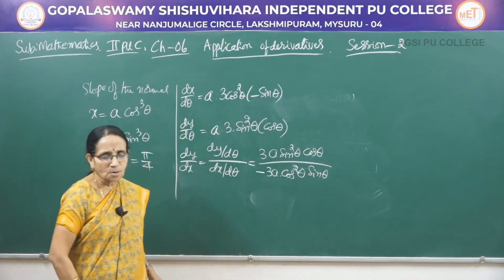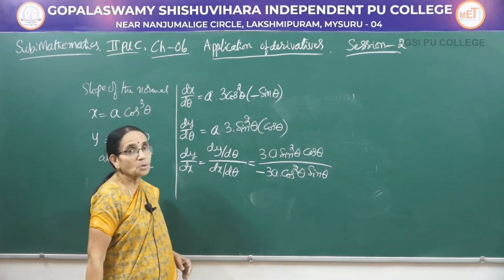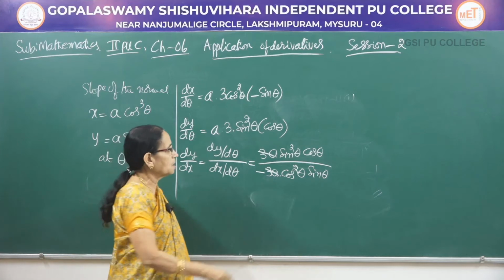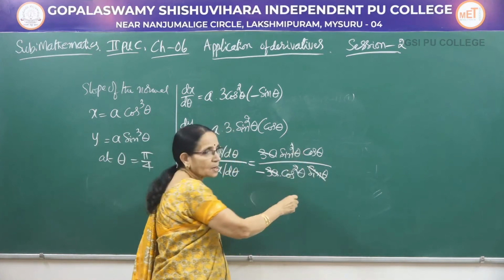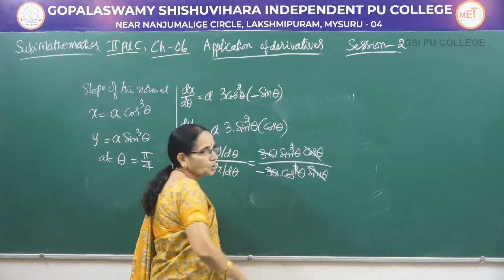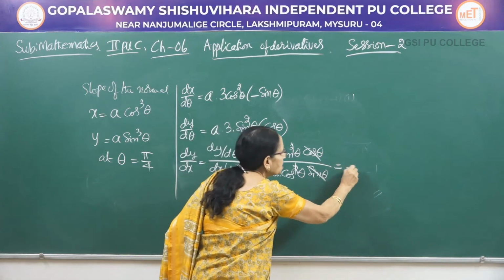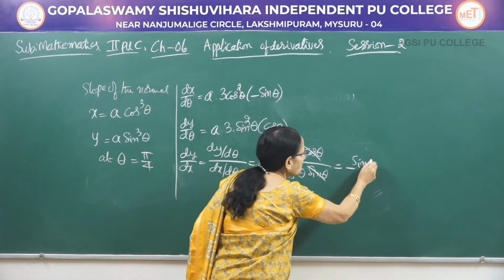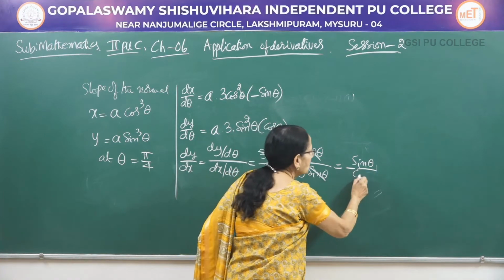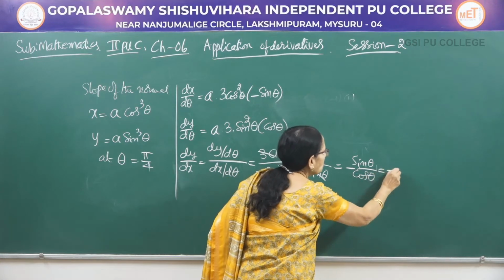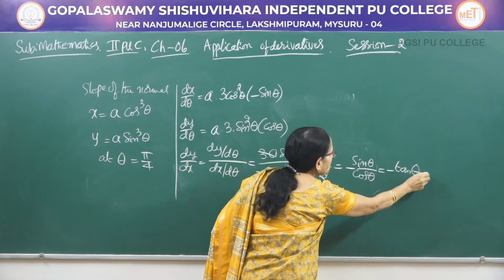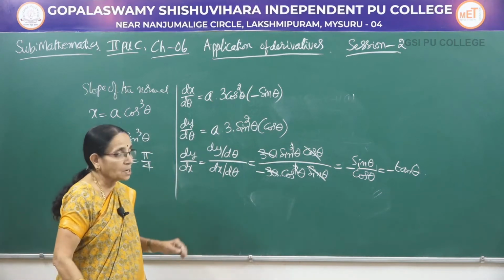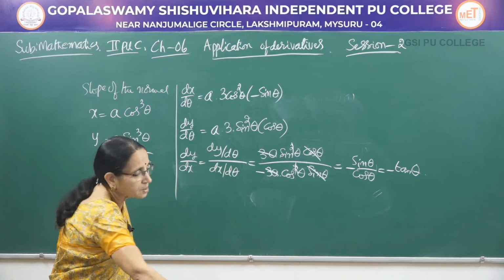So, I have written the values as they are. Now, let me do the simplification. 3a are cancelled, one sin theta you can cancel, one cos theta you can cancel. Let me see what is remaining. Minus sign is there. Another sin theta is in the numerator, and in the denominator we have cos theta. So, what is that? It is minus of tan theta. So, the slope dy by dx we have got as minus tan theta.